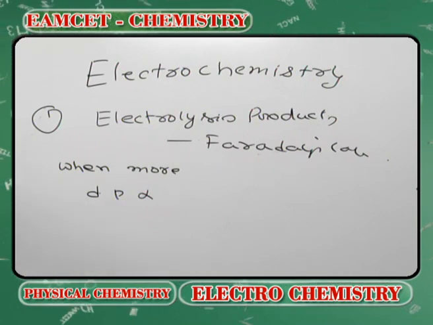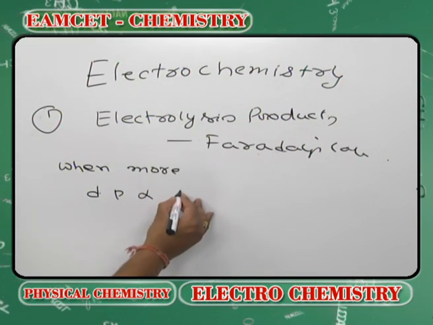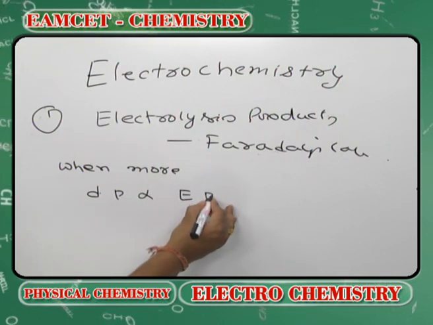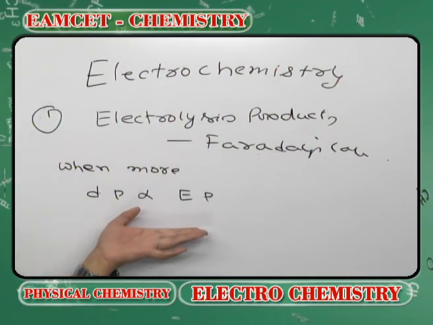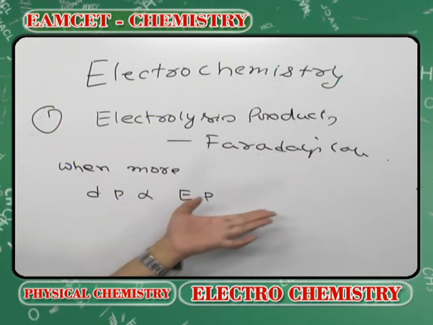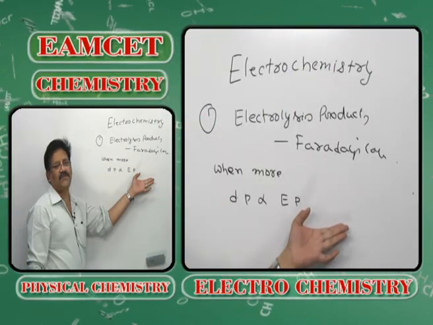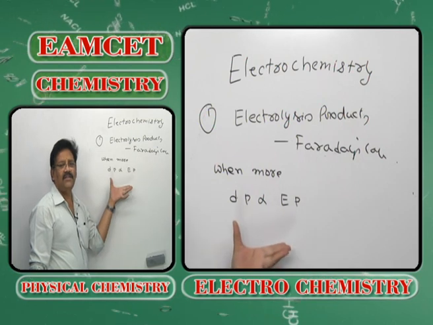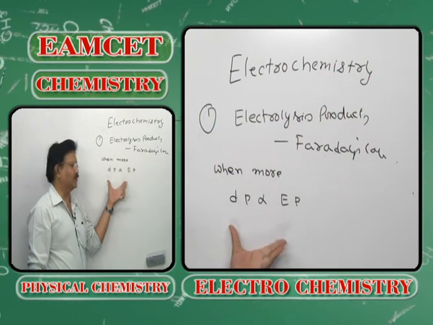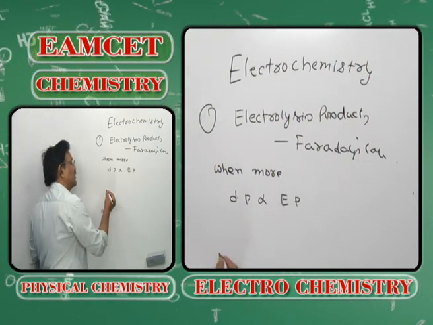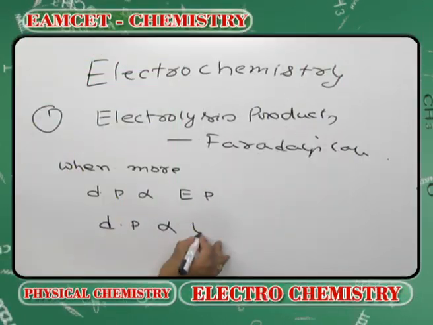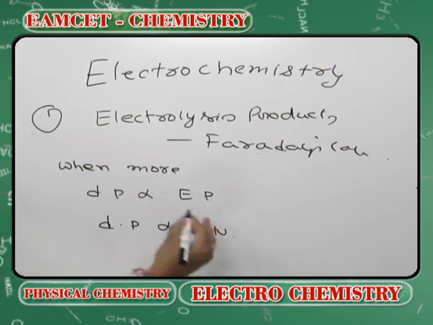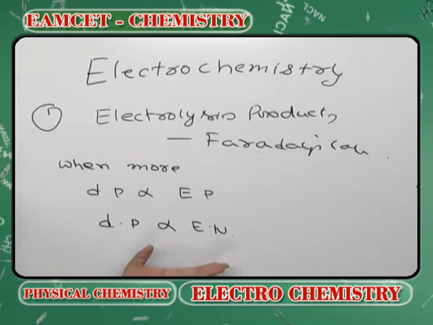Discharge potential of the cation is directly proportional to the electropositive character. Higher the electropositive character of the cation, greater will be the discharge potential, and it is difficult to be reduced. In case of anions, discharge potential is related to the electronegative character.